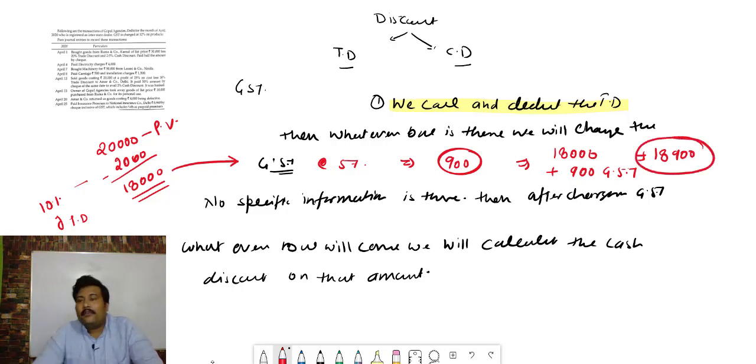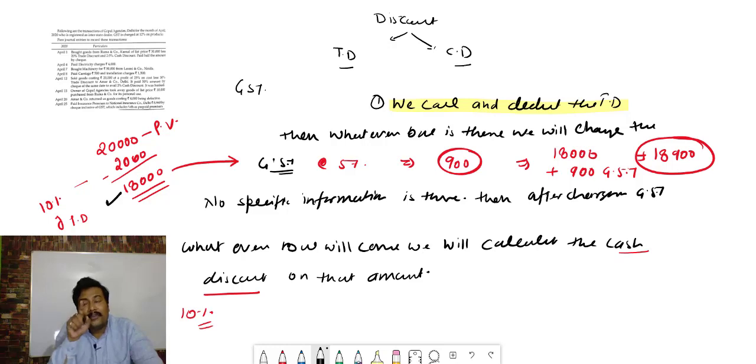And if no specific information is there, suppose a cash discount is there at the rate of 10%. This cash discount will not be calculated on 18,000.